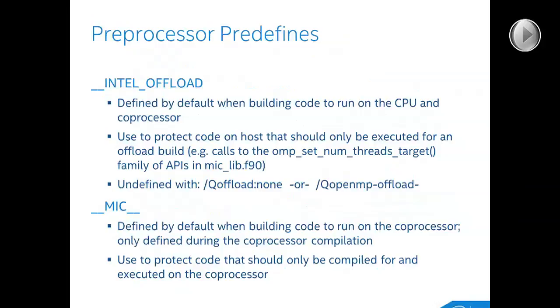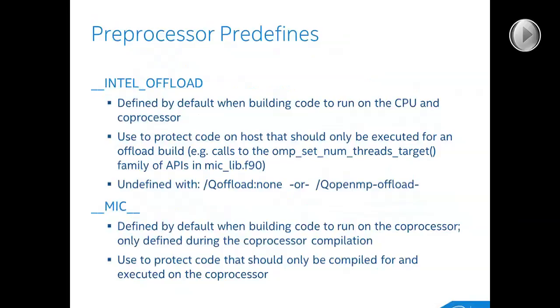There are a couple of preprocessor defines that the compiler does define related to the offload programming models. There's the __INTEL_OFFLOAD. This is defined both during the compilation of the host as well as the target compilation. You might use this to protect calls.